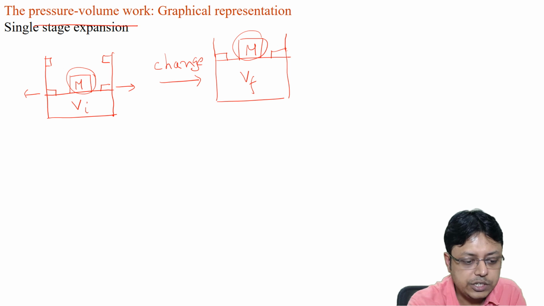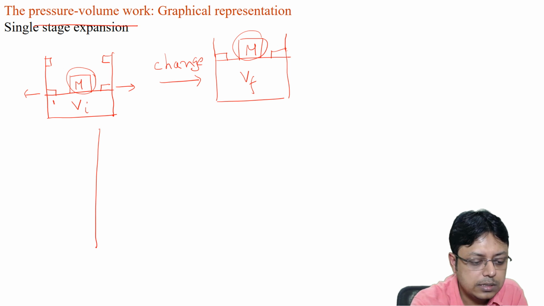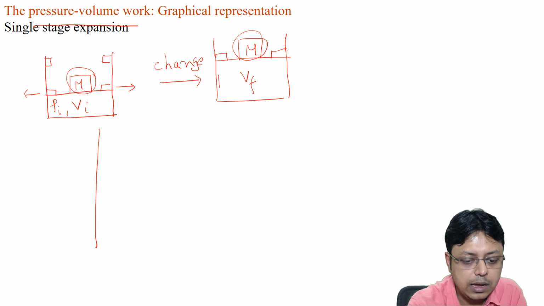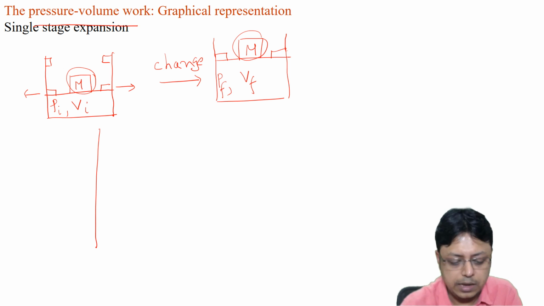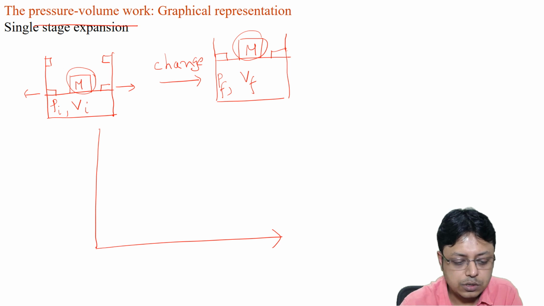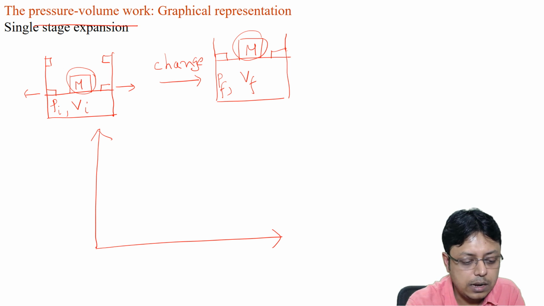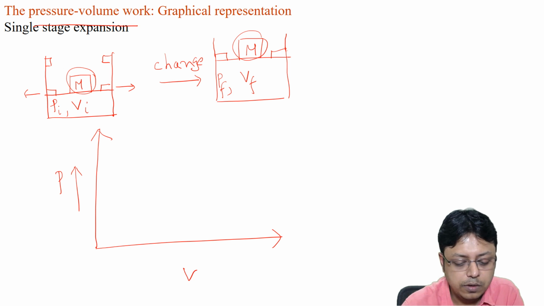Now initially, suppose the system had a pressure Pi and Vi, and then finally we are calling it as Pf and Vf. So let us try to draw an isotherm, pressure versus volume, for a constant temperature.